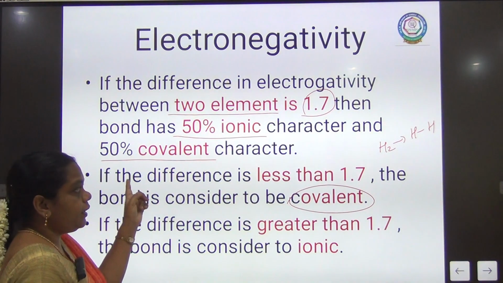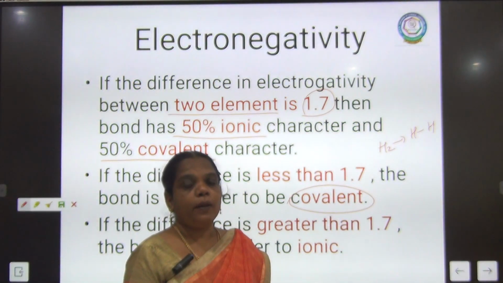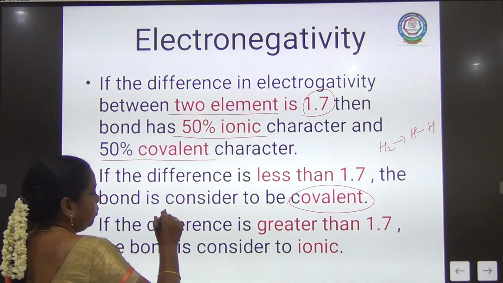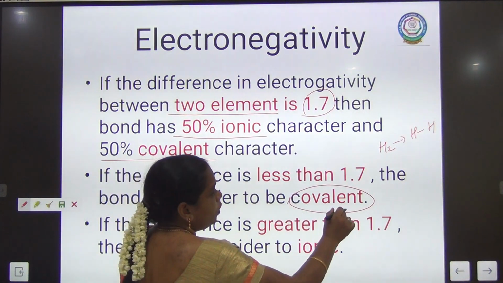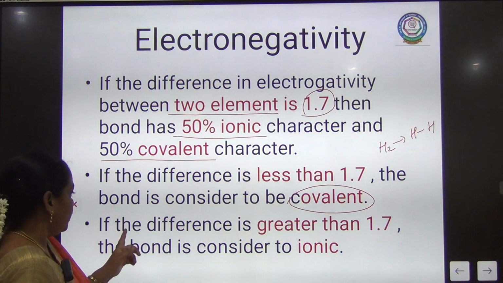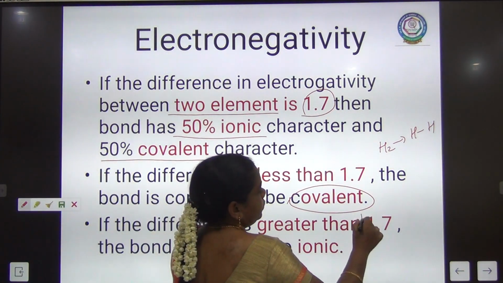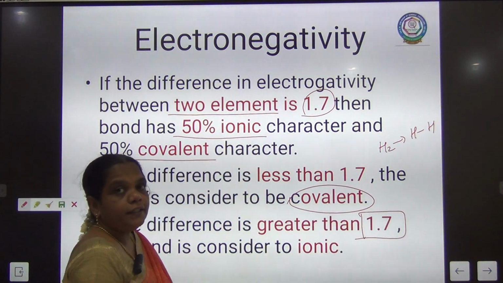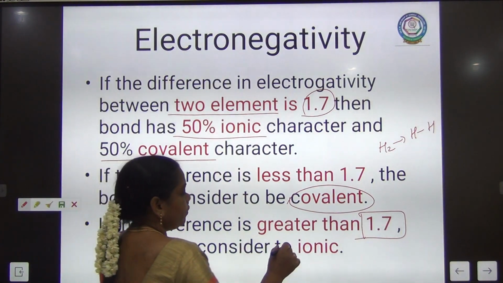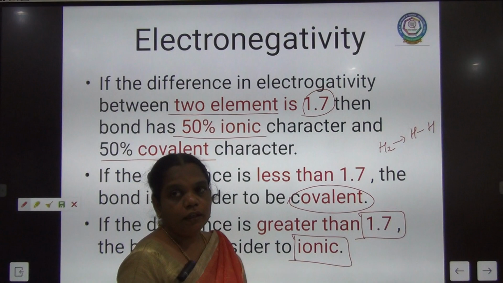In the next case, if the electronegativity difference is less than 1.7, the molecule is purely covalent. If the difference is greater than 1.7, the compounds are purely ionic in nature.